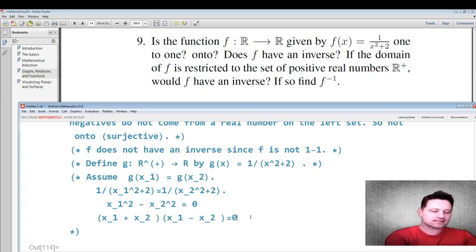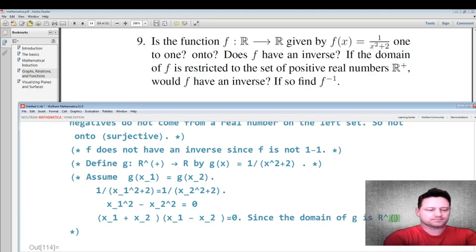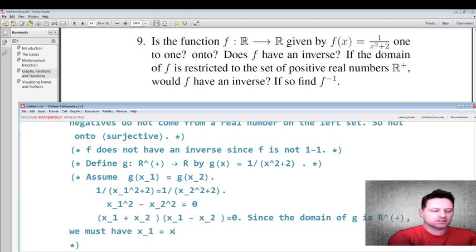But since the domain of g is positive real numbers, then we see that we must have x1 equal to x2.